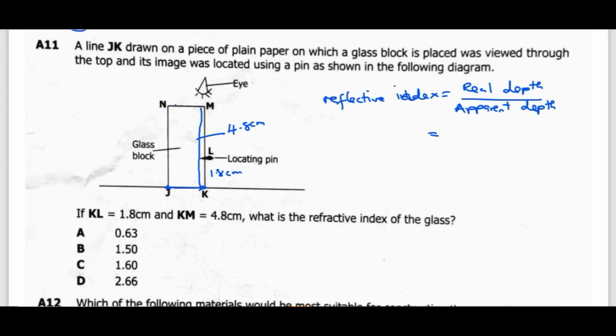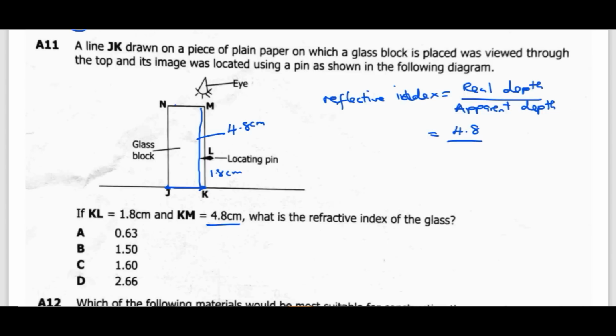KM is the real depth of this glass block. So it is 4.8. And then let us look at the apparent depth.